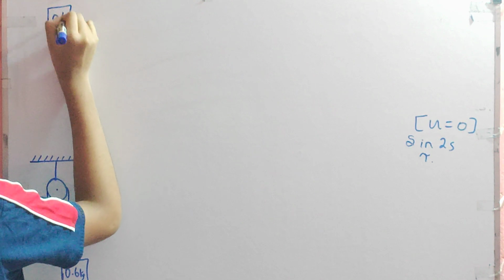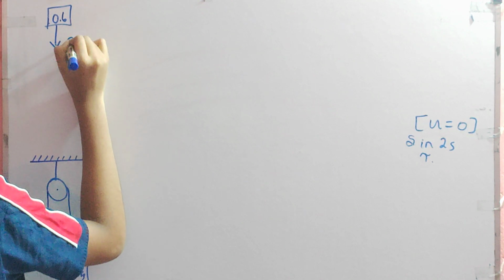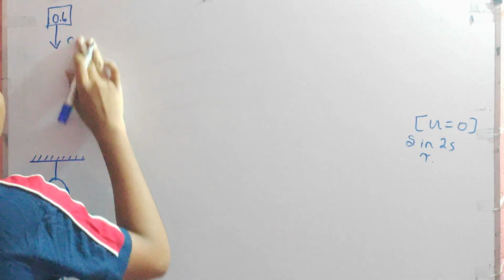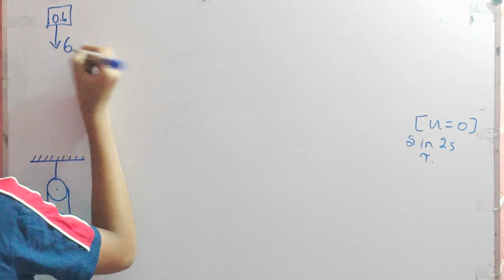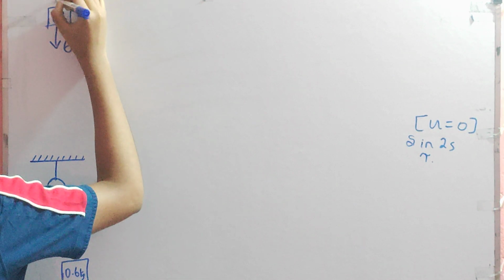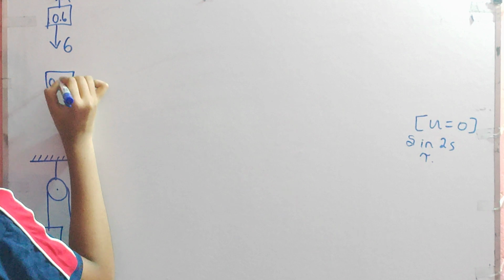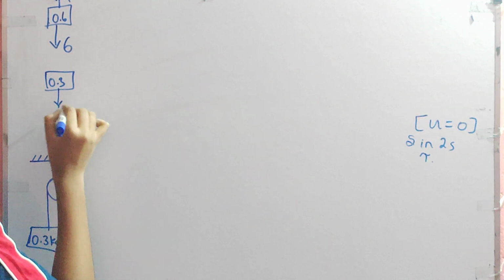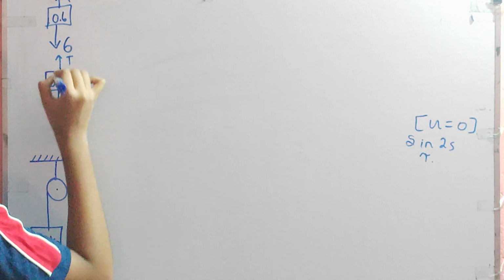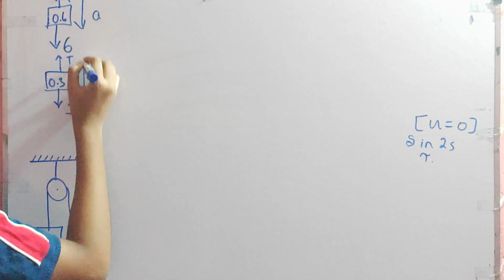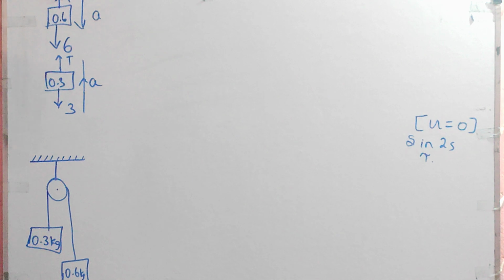This is the 0.6 kg. Down it is 0.6 into g, g value we are taking 10, so let it be 6. At the top we have a tension T. Similarly for 0.3 kg, down let us assume it is 3 and at the top tension T. Now for 0.6 the acceleration is downwards a and for 0.3 acceleration is upwards a.